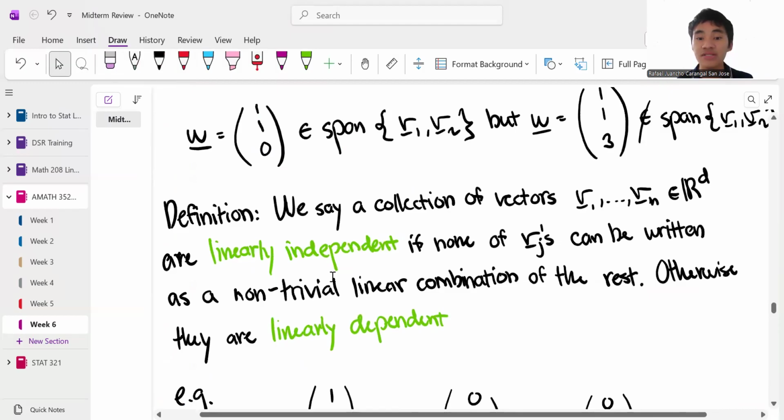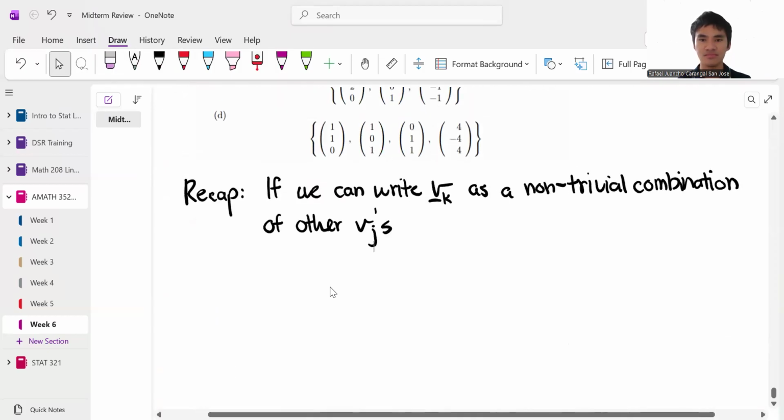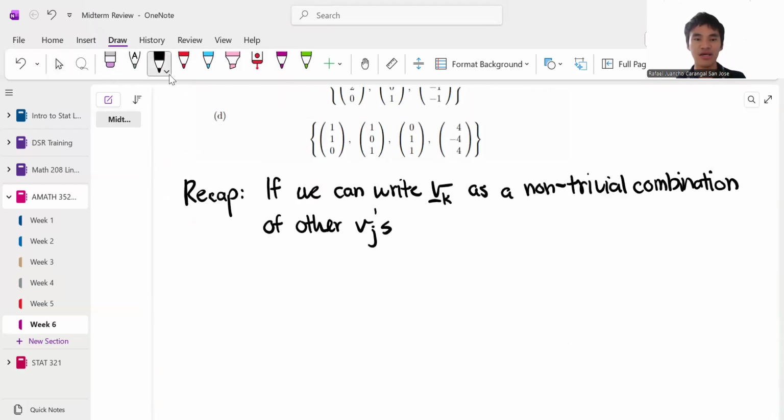Oh, they're dependent. If we can write it, right? Yeah, I'm right. Then the set of Vk and the Vjs, if this is a way to write it, is dependent.